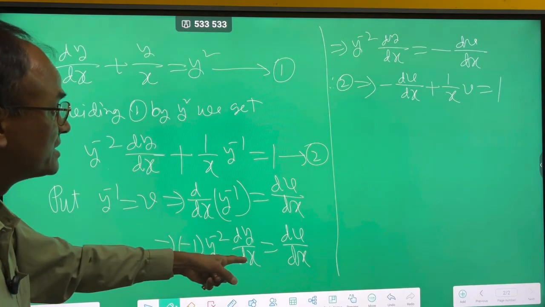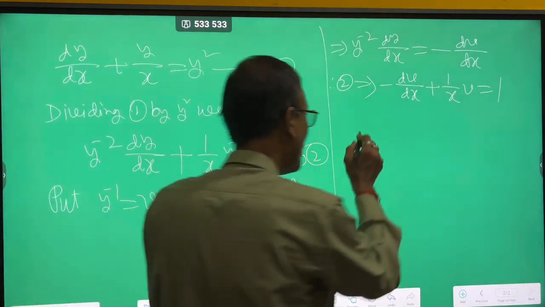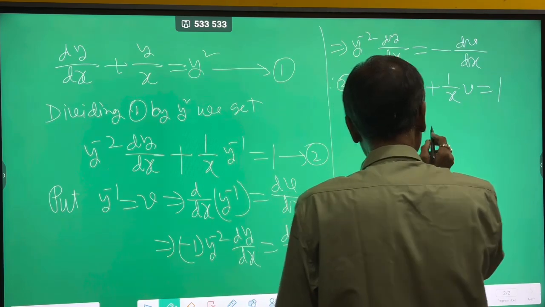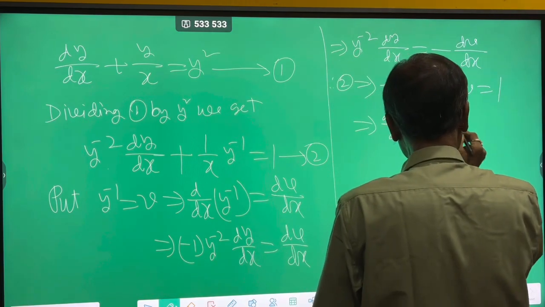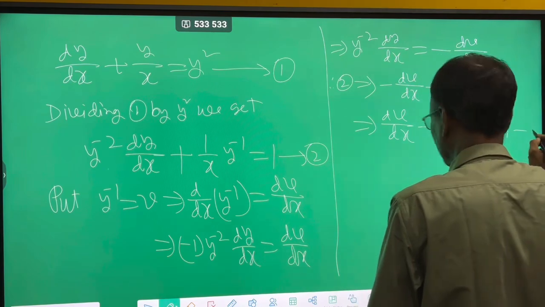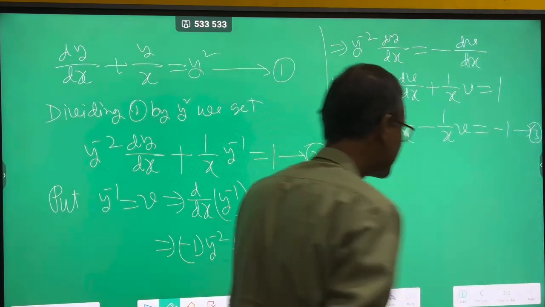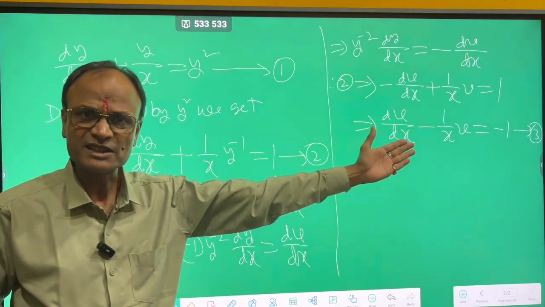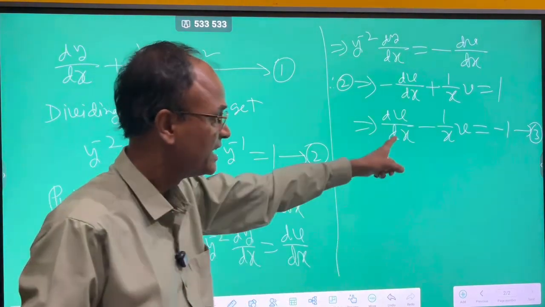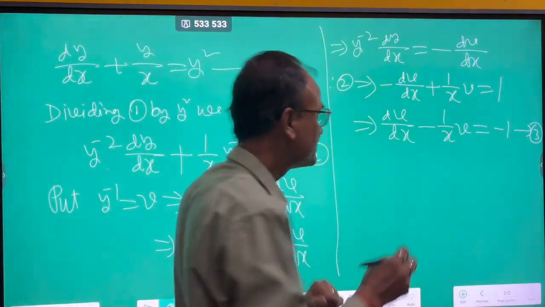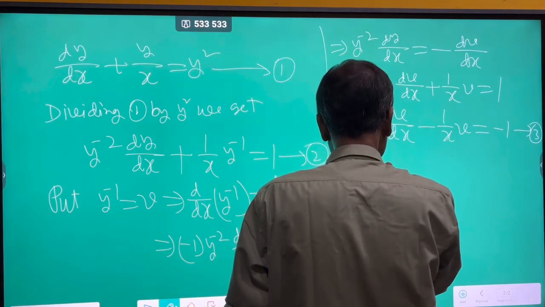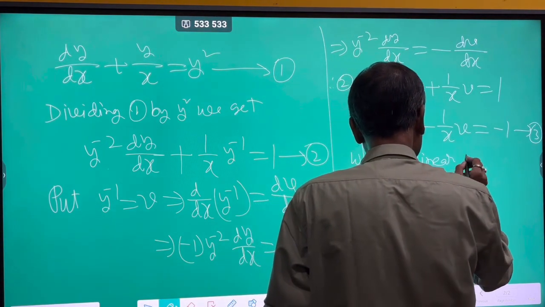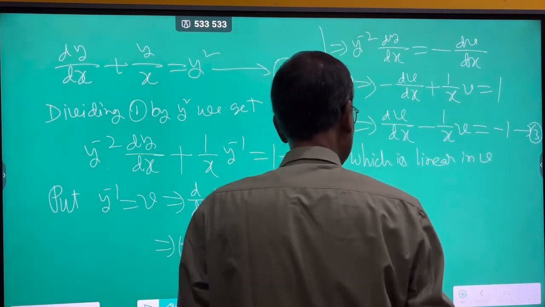Here you may write dv by dx minus 1 by x v equal to minus 1. This is number 3. This is obviously a linear differential equation of first order and first degree, which is linear in v.